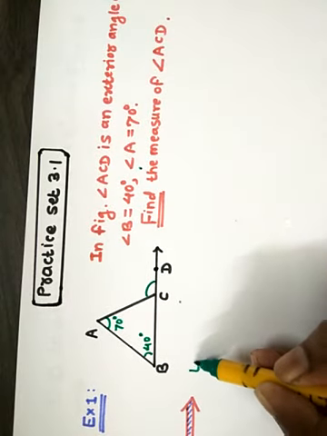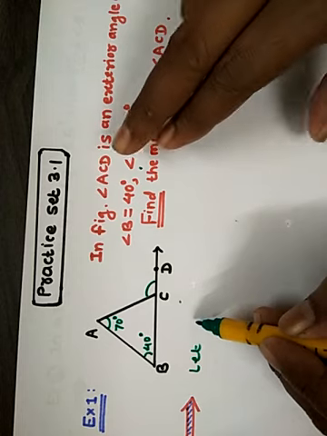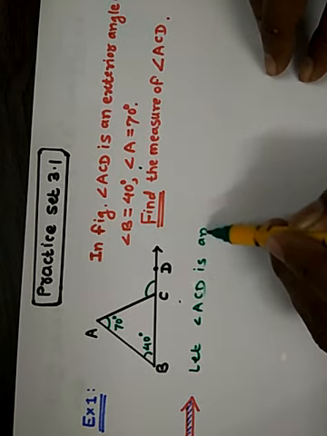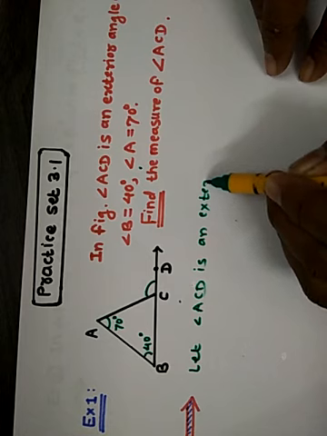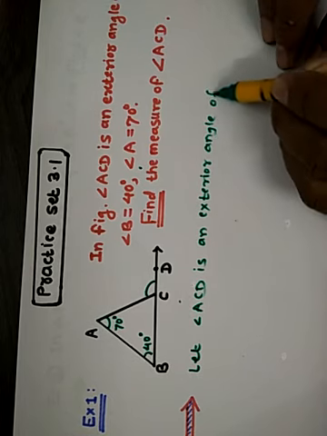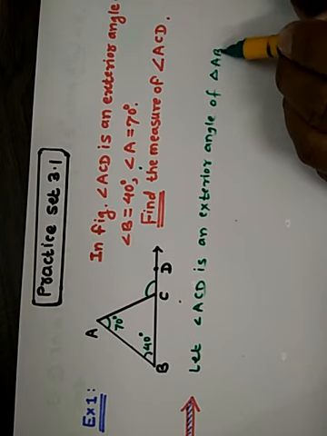So we can write the answer here. First we write: angle ACD is an exterior angle of triangle ABC.